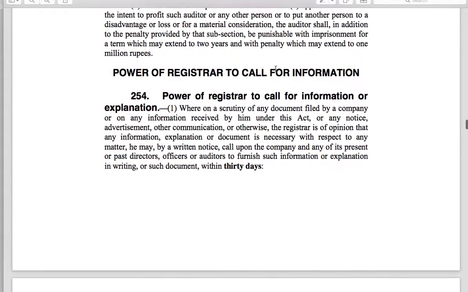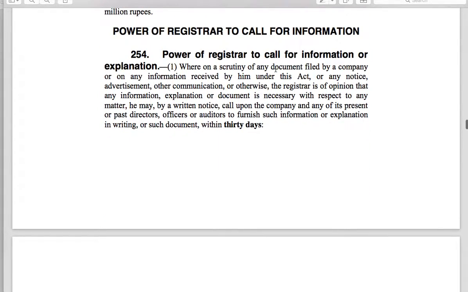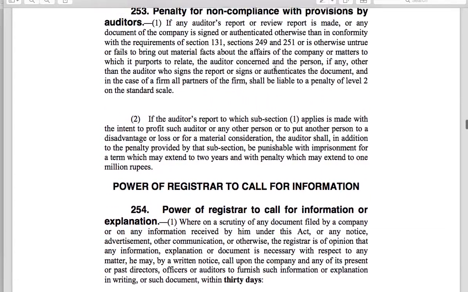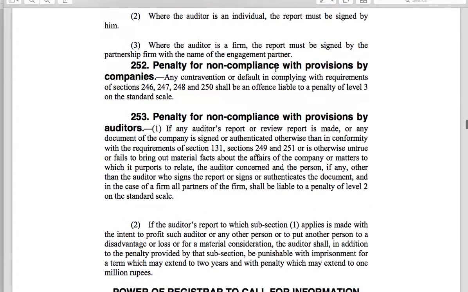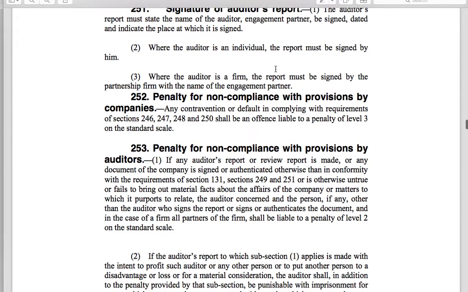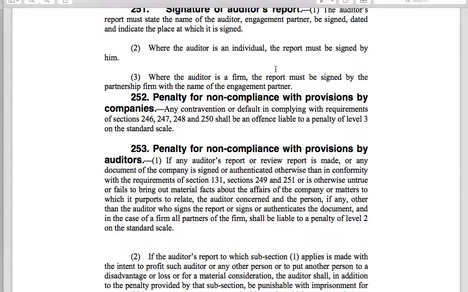And so you can see that these are all the important sections till 253 which deal with the successful running of a company, and these are the sections which will help you to grow your business while keeping intact your position as a director or a shareholder, as a chief executive.